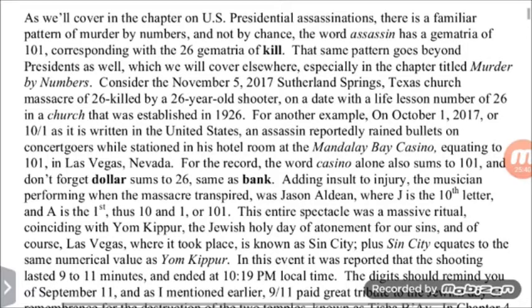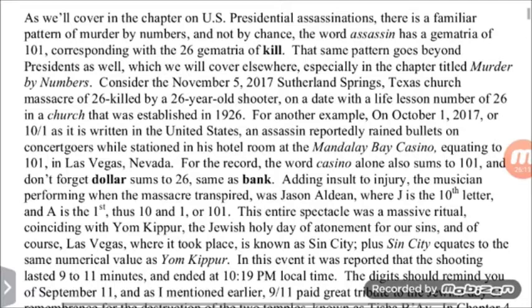For another example, on October 1, 2017, or 10/1, as is written in the United States, an assassin reportedly rained bullets on concert-goers while stationed in his hotel room at the Mandalay Bay Casino, equating to 101 in Las Vegas, Nevada.